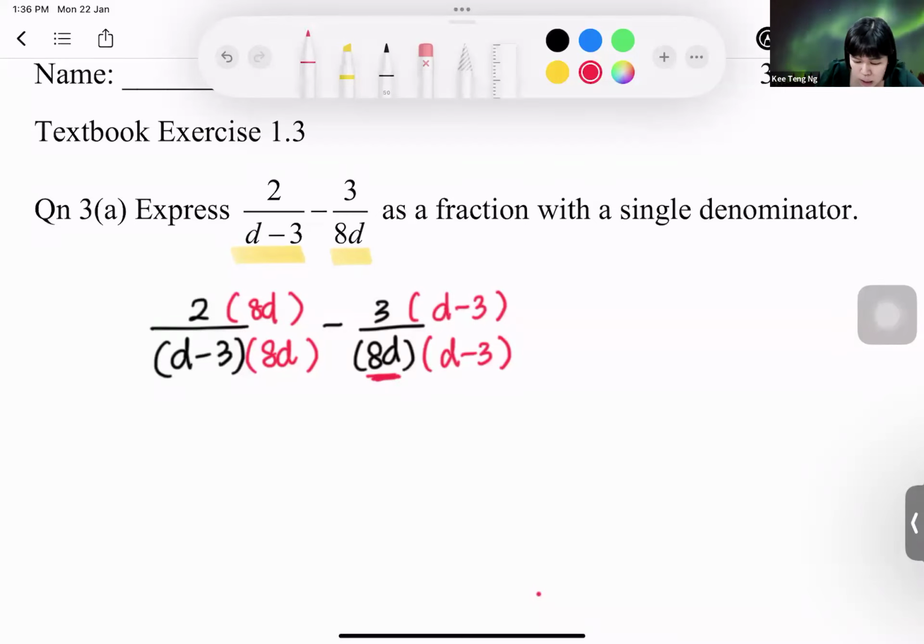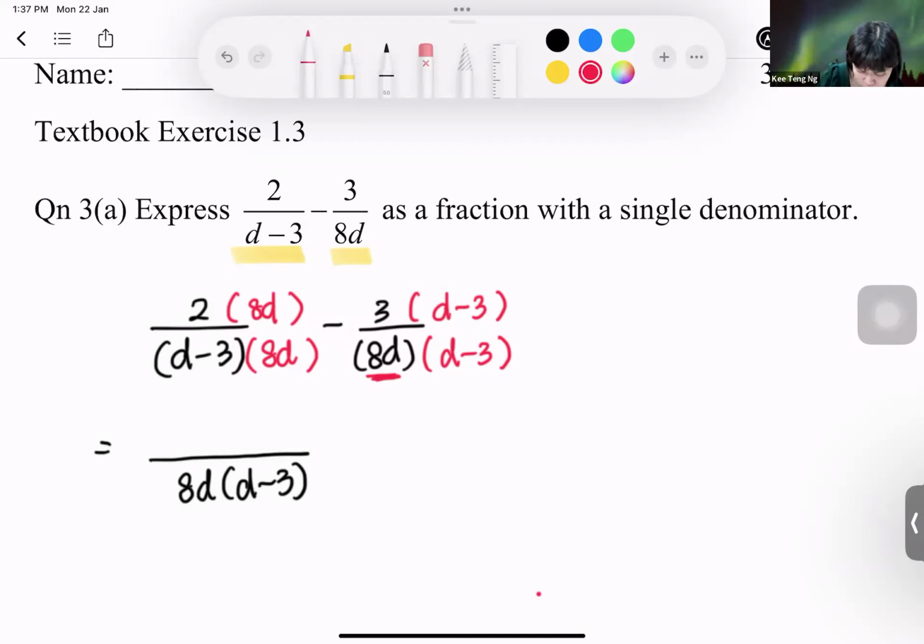Now when combining the addition and subtraction of fractions, we try not to expand the denominator, keep the denominator factorized. So we will have 8d, and I'll keep d minus 3 over here. But I will expand out the numerator.